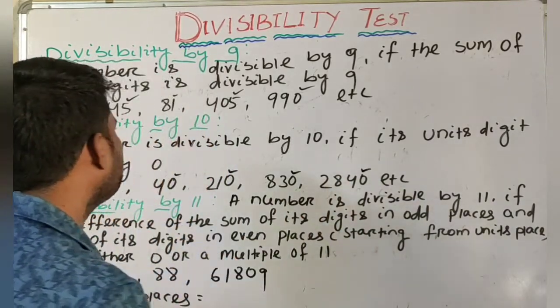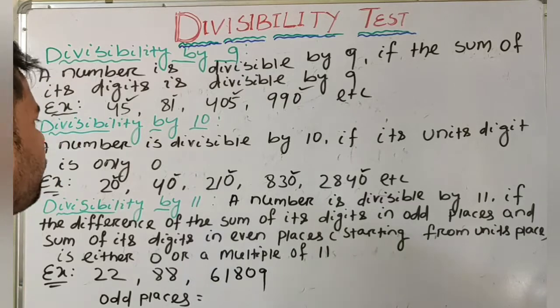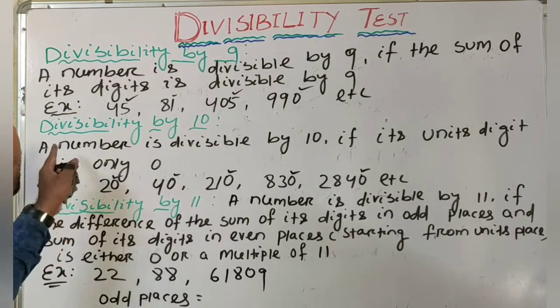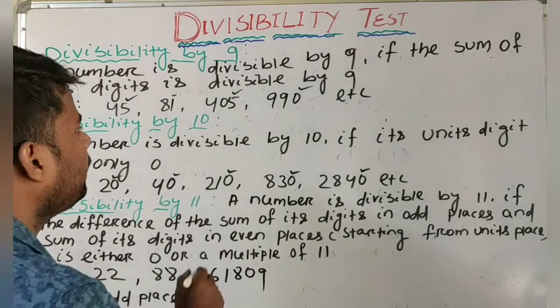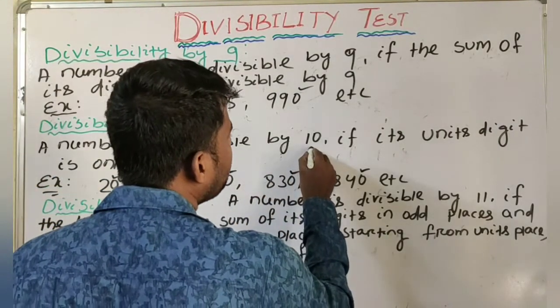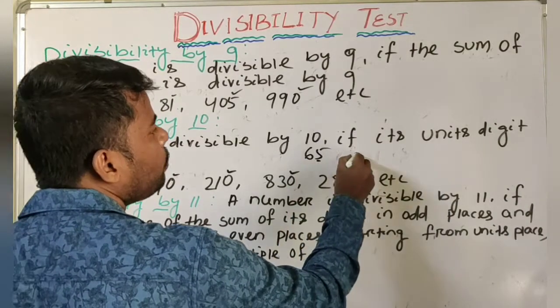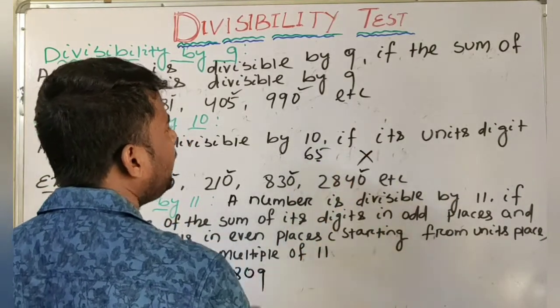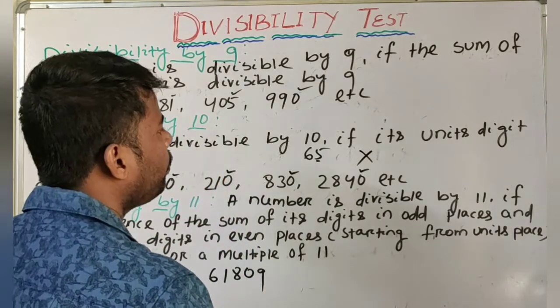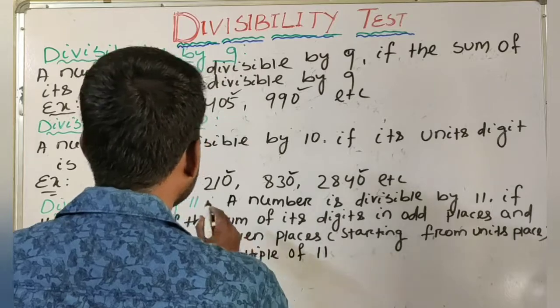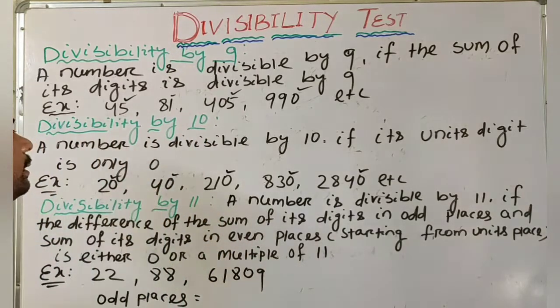So these are divisible by 10. So any number whose units digit is 0 is divisible by 10. And suppose you write 65, its units digit is 5, so this one is not divisible by 10. So for divisibility by 10, it is required that its units digit is 0.